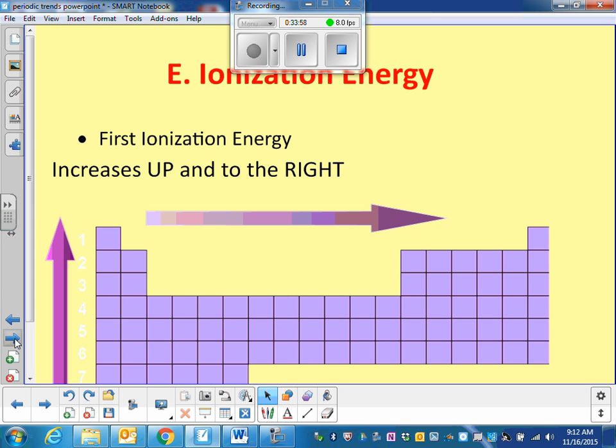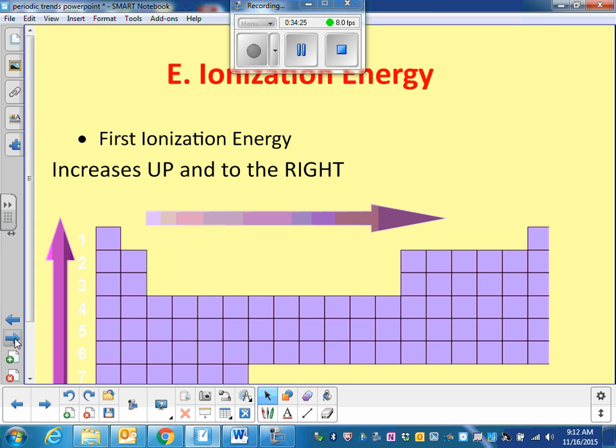Okay, the bigger the size, what is your ionization energy? Bigger size, less energy. Do you agree? Smaller size, more energy. Do you agree? So what is your ionization energy trend as you move across?